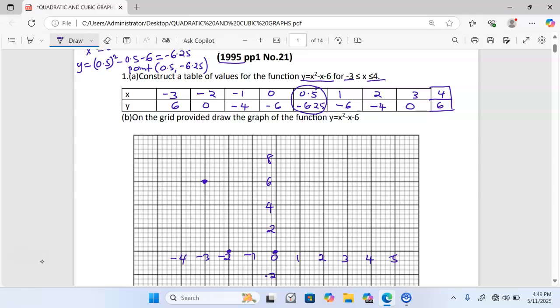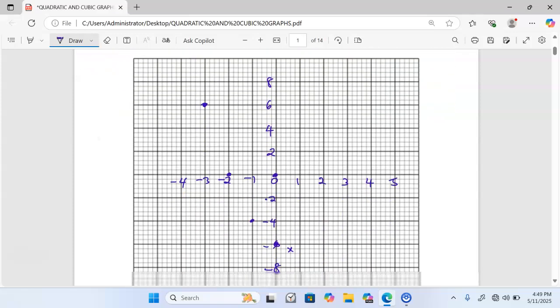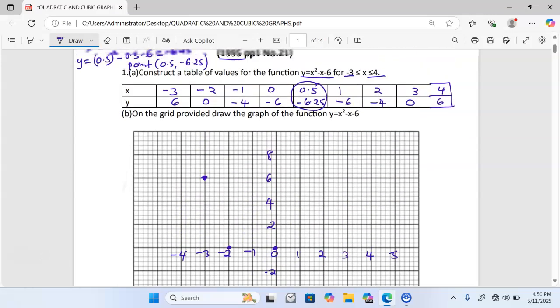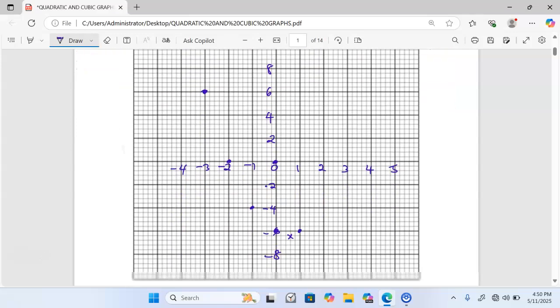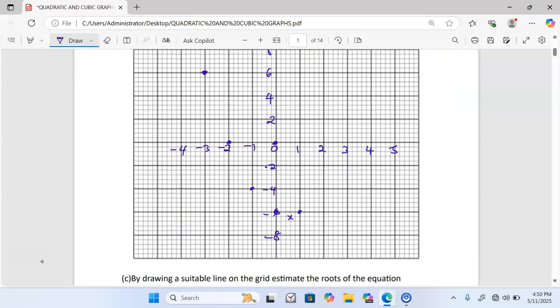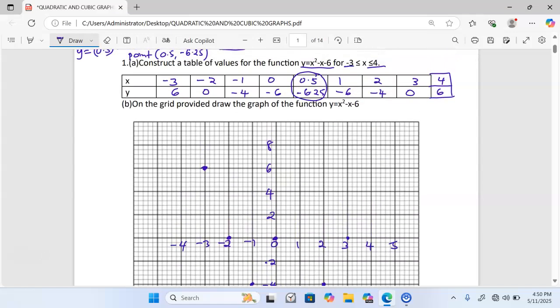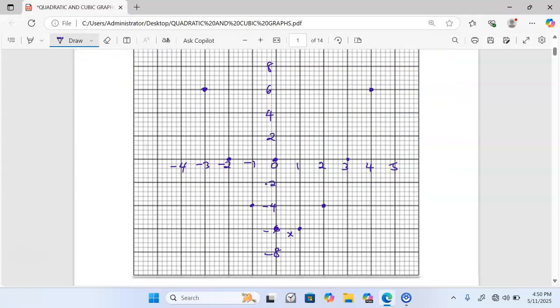When x is +1, the value of y is -6, and when x is 2, it is -4. When it is 3, it is 0. And when the value of x is +4, the value of y is +6.